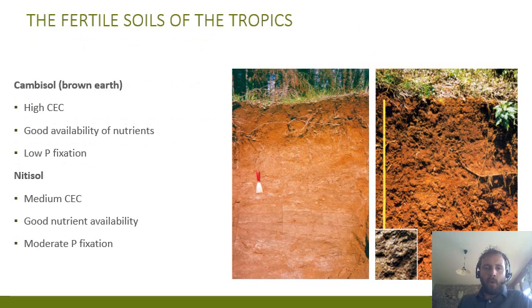You have a more fertile soil in the tropics than the ones I just showed. You have the cambisol, the brown earth that we can also find in Europe, which has a high CEC, a good availability of nutrients, and not much P fixation. And then you have the soil which I think can be found a lot around Jimma, with a medium CEC, a good nutrient availability, and not too high phosphorus fixation.